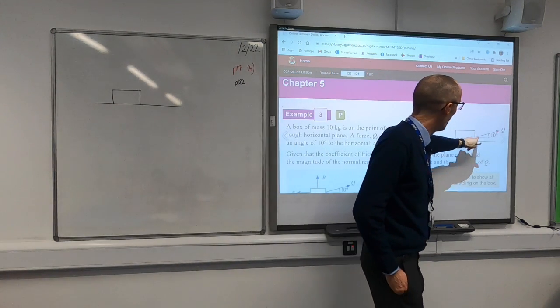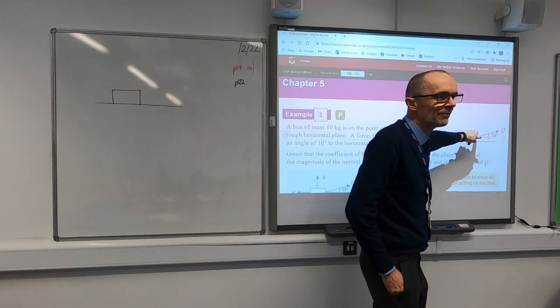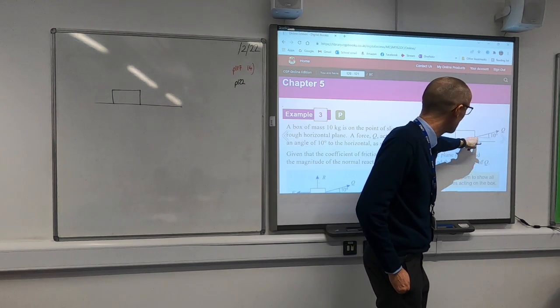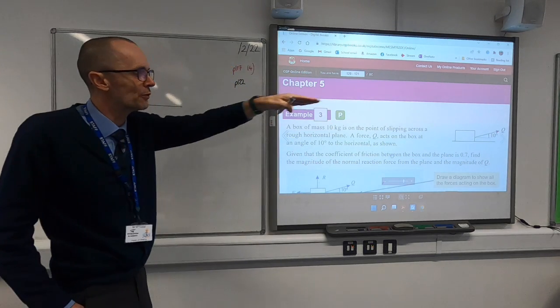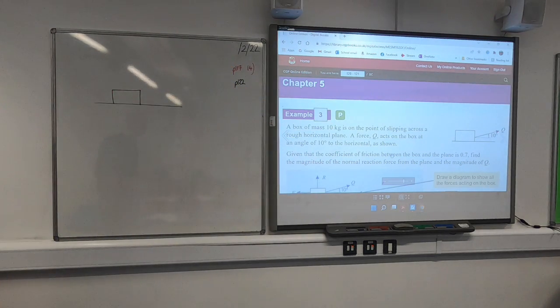Don't worry about where that is attached, it doesn't make a difference if it's attached there or attached there. It's still at an angle of 10 degrees to the direction, in this case the horizontal.